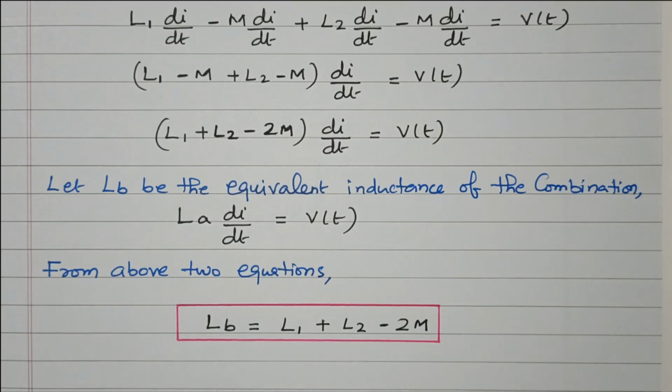If the current enters at the dot of both the inductors, it means series adding, L1 plus L2 plus 2M. If the current enters at one inductor and leaves at the dotted end of another inductor, it is series opposition. In that case, the equivalent inductance is L1 plus L2 minus 2M.